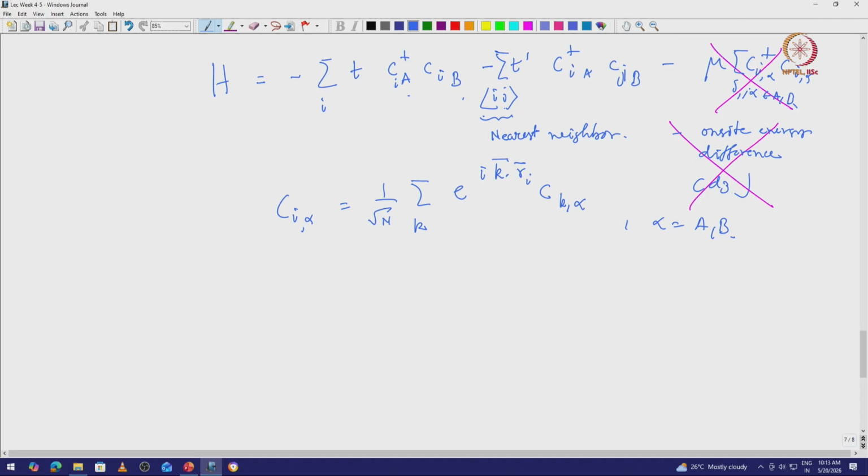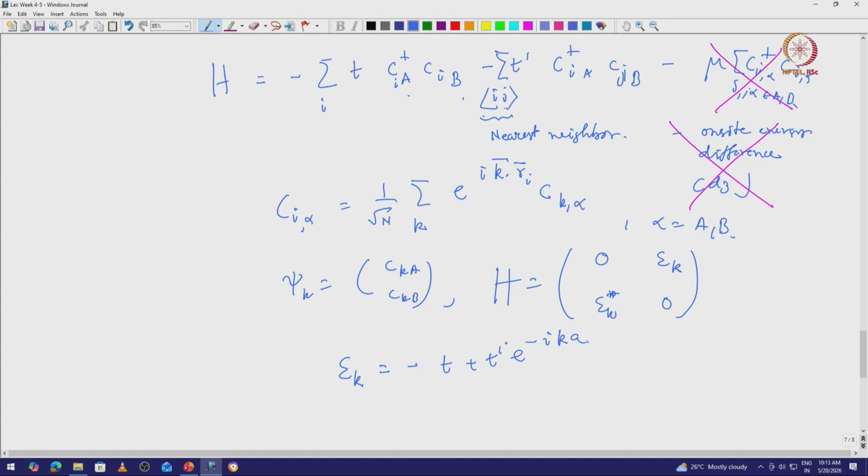So, let me define the state C K A, C K B, and the Hamiltonian then will be 0, epsilon k, epsilon k star, 0, because we set the chemical potential to be 0, and epsilon k is going to be minus T plus T prime e to the power minus I k a, because here we will get a phase. Here we are in the same unit cell, so you do not get any Bloch phase, and here you get a Bloch phase.